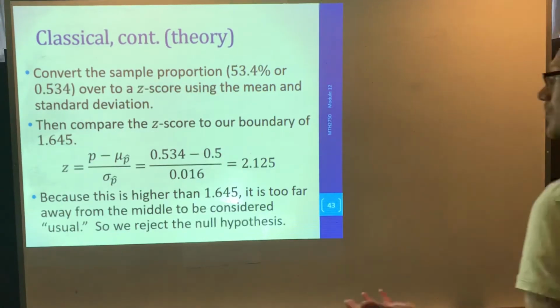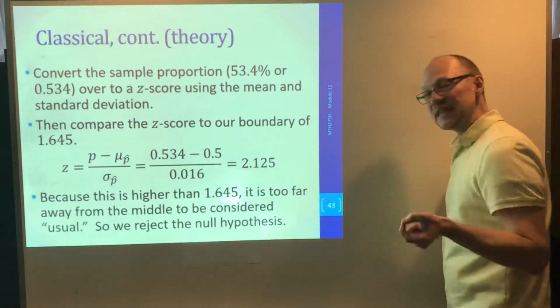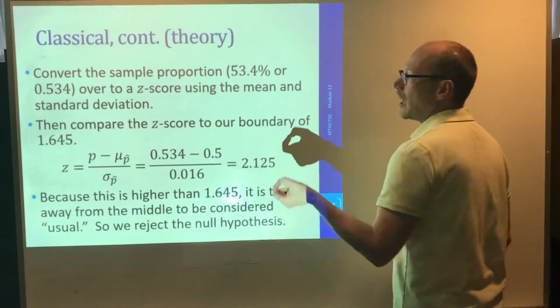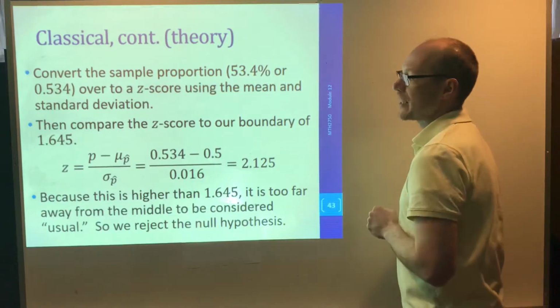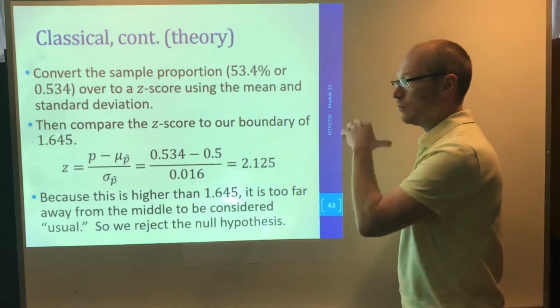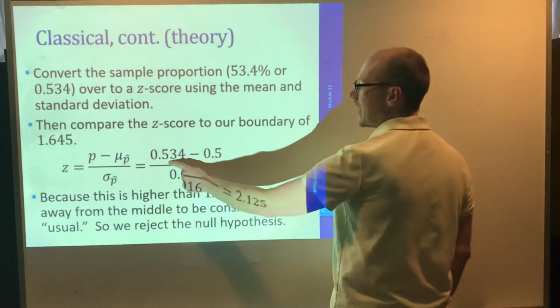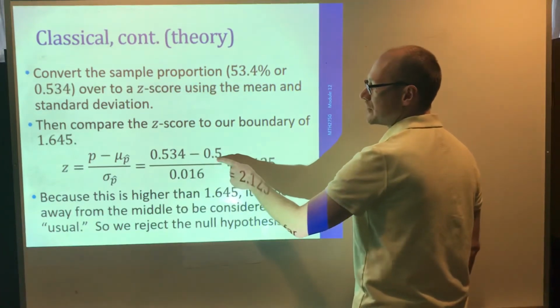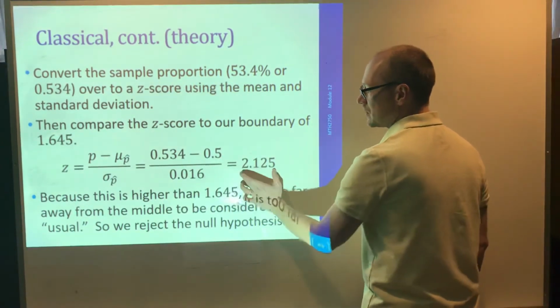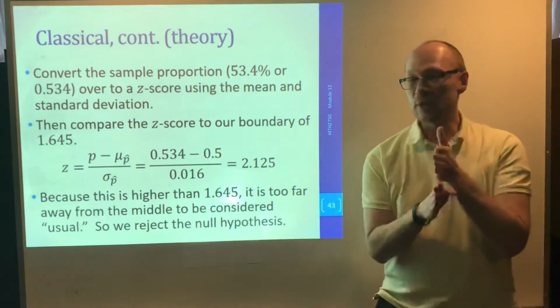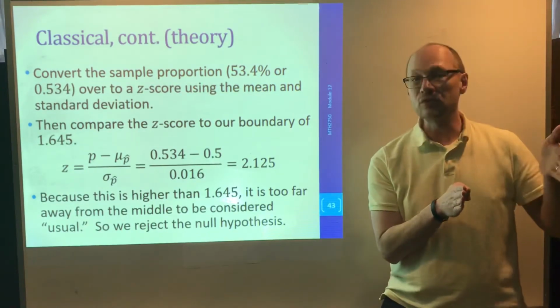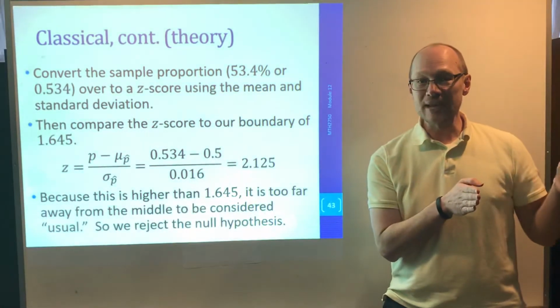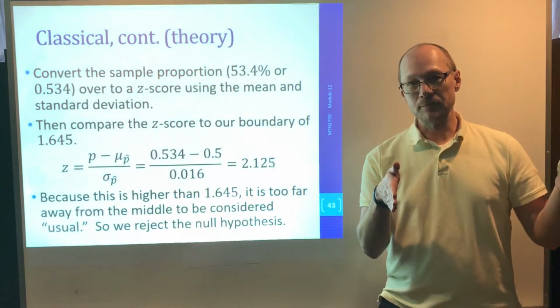So all we've got to do then is figure out the z-score of 53.4%. And how do you find the z-score? Well, it goes way back, right? You just take the value that we have minus the mean divided by the standard deviation. We find out that 534 is actually 2.125 standard deviations above the mean.